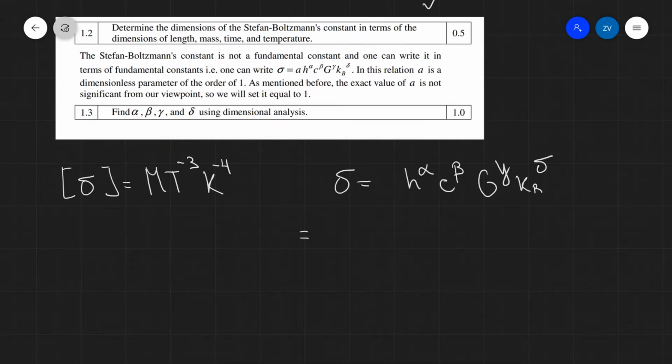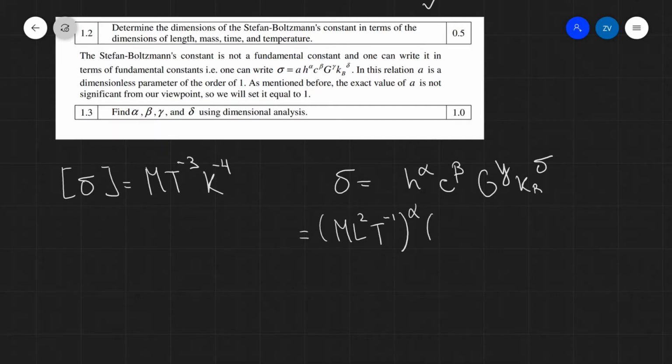First off is Planck's constant h, which is just M L squared T raised to a power of -1. So this is h, Planck's constant, and the whole of this is raised to the power of alpha. Next up is c, which is the speed of light.